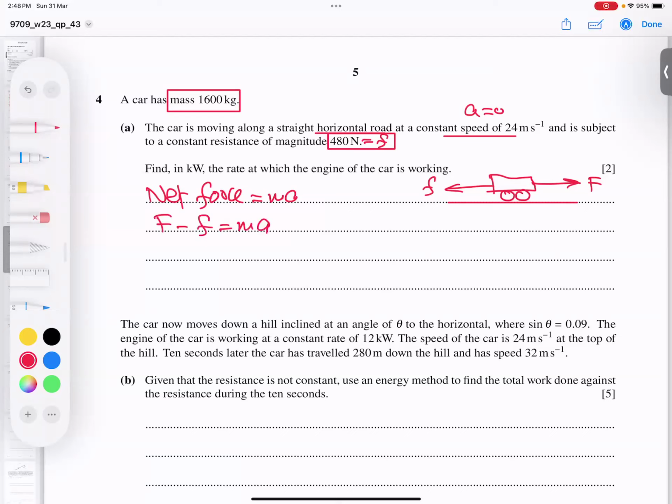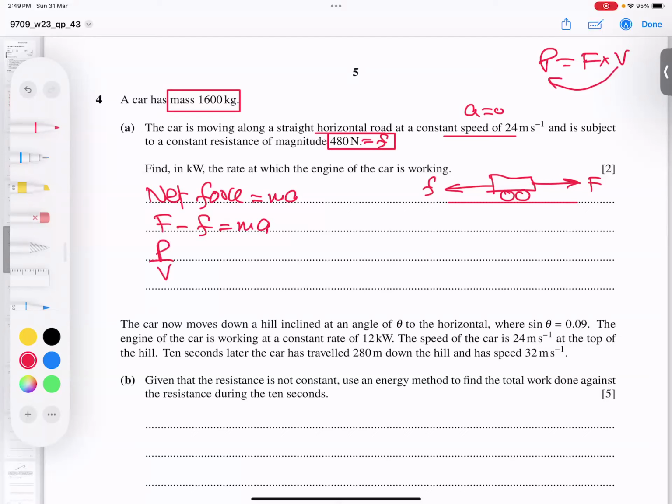Power is equal to force times velocity. If I bring this as power by V, and acceleration is 0, the friction will go on the other side. So power is equal to friction force times velocity.